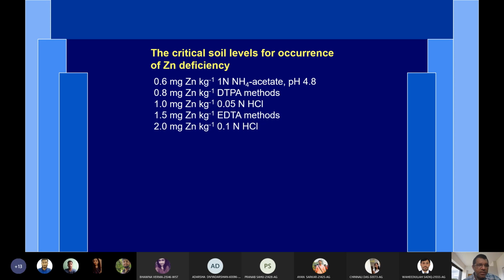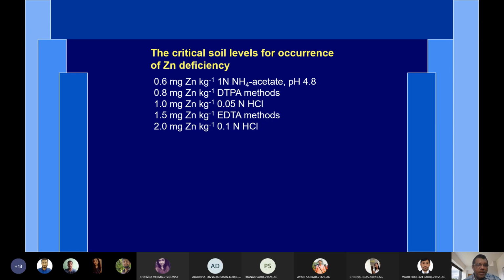If the extractant is DTPA, then the critical level in soil is 0.8 milligram zinc per kg. So you can remember these two values: 0.6 when you have ammonium acetate as the extractant and 0.8 milligram zinc per kg when DTPA is the extractant.